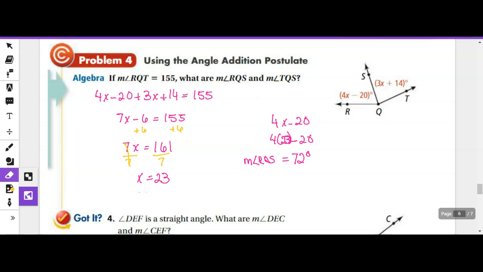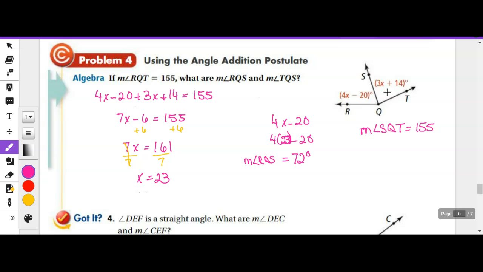Now for the next one, I can either plug in 23 into 3x plus 14, or I can just subtract. I know this whole angle is 155, so I know that the measure of angle SQT is equal to 155 minus 72. So that would be equal to 83 degrees.